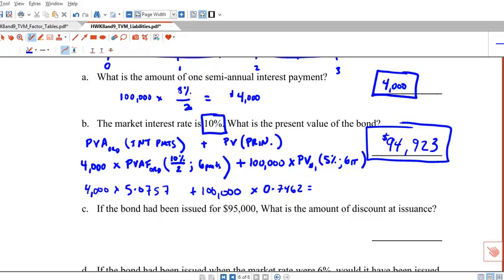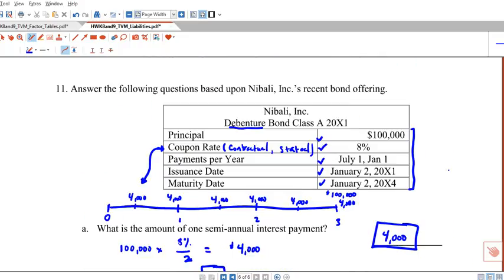When interest rates go above the coupon rate, then you will issue at a discount. This is a discount. It means the present value of the bond is less than the face value, which is another word for the principal. Also called the face value.